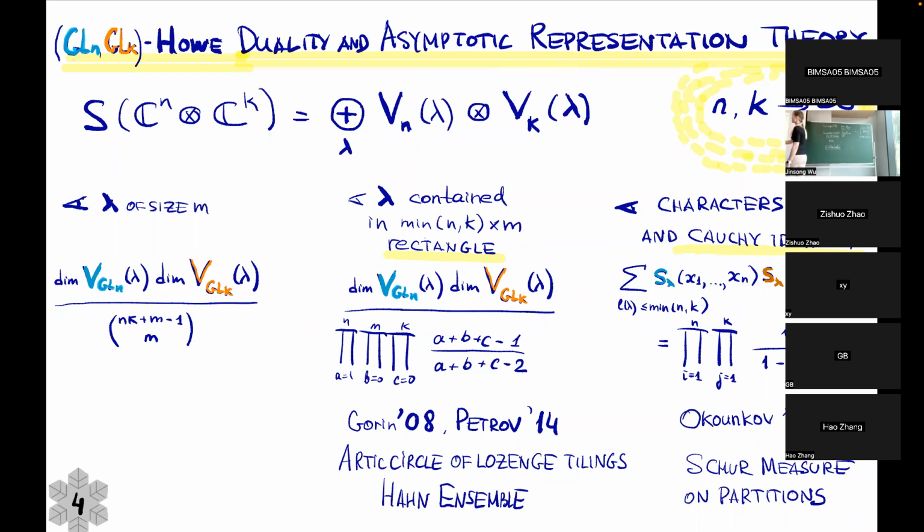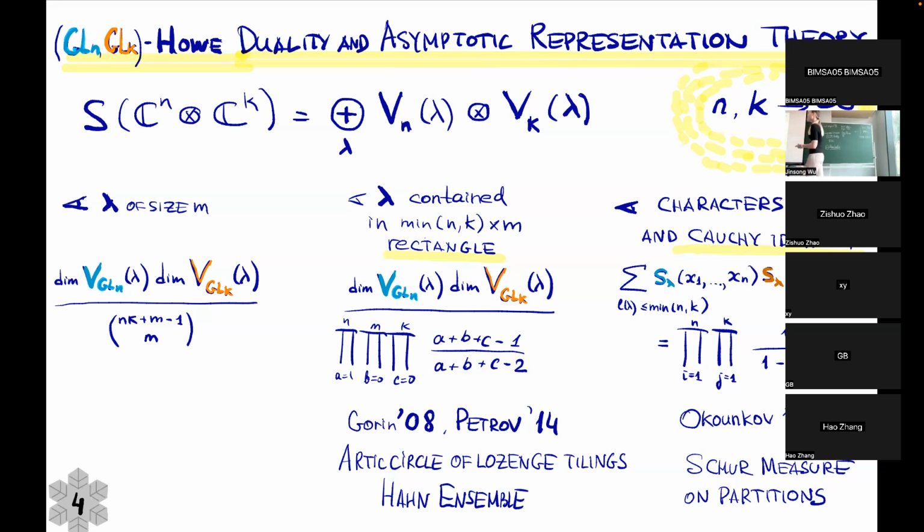That's where you consider the symmetric algebra, and then besides the fact that this space is infinite-dimensional in a sense, you can make this decomposition. But now if you try to study certain asymptotics, then it makes sense to make some restrictions on the diagrams.